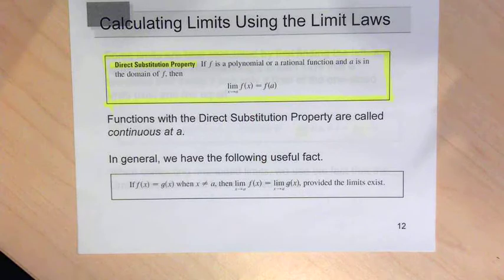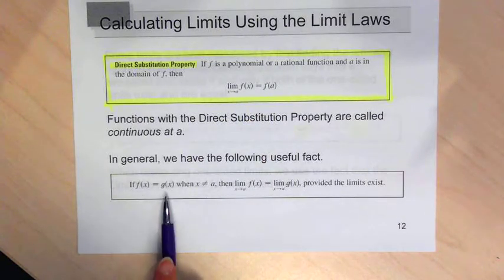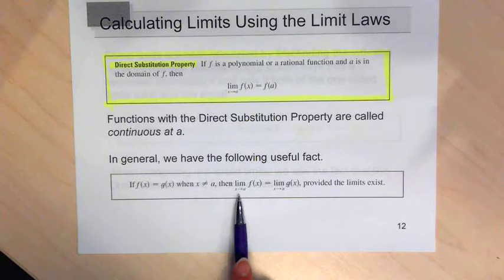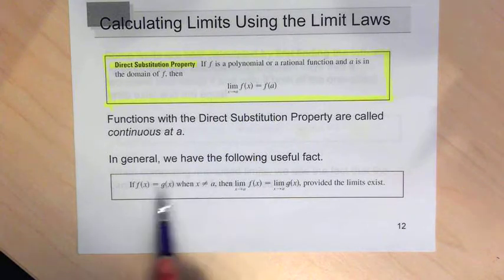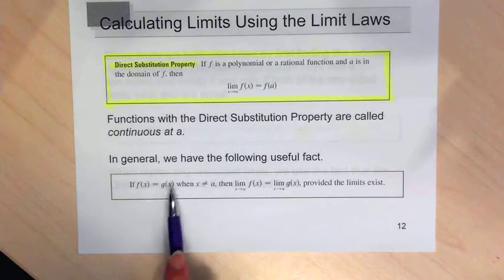Functions with the direct substitution property are called continuous at a. So in general, we have the following very useful fact. If f of x is equivalent to g of x when x is not equal to a, then the limit as x approaches a of f of x is equal to the limit as x approaches a of g of x, provided that that limit exists.